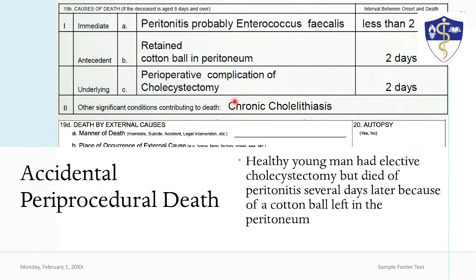Next, having chronic cholelithiasis does not actually mean that you need to undergo cholecystectomy. We offer cholecystectomy because of the cholecystitis.